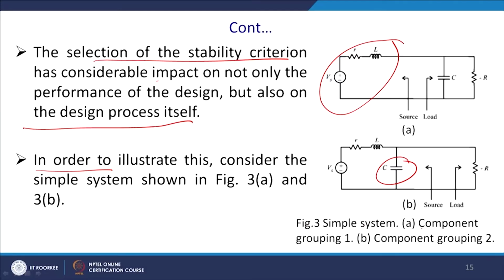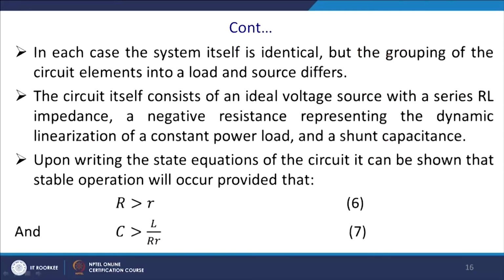First is the component grouping, that is the source, and the capacitor is a part of the load, and here capacitor is a part of the source. Now, for the A, each of the case system is identical, but grouping of the circuit element into the load and the source differs.